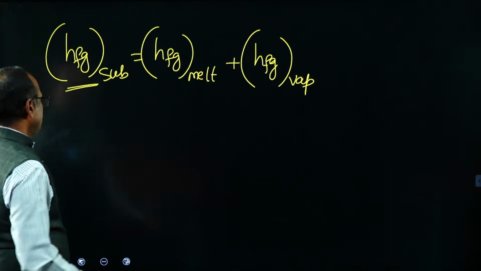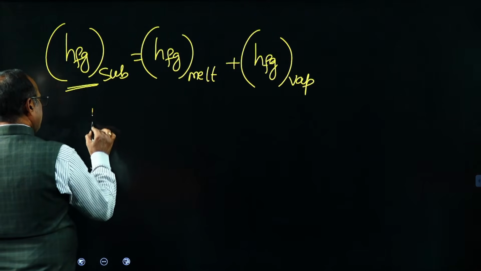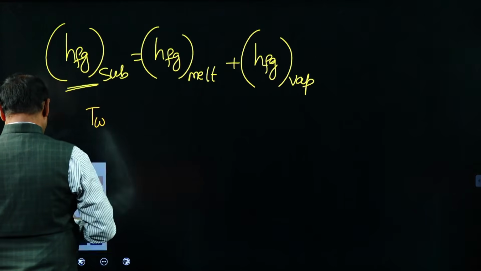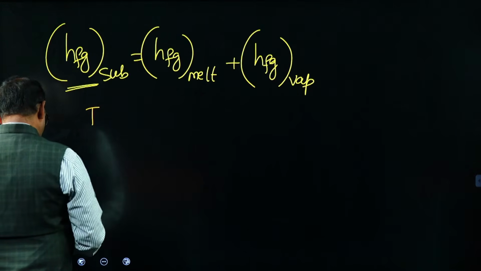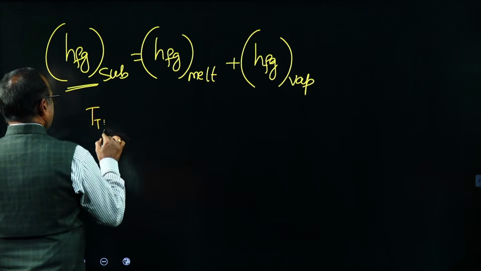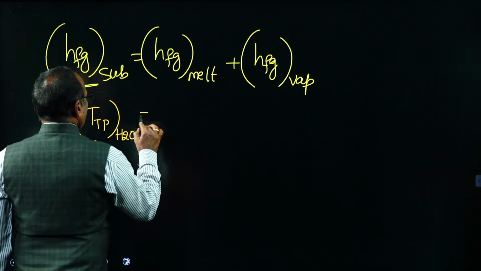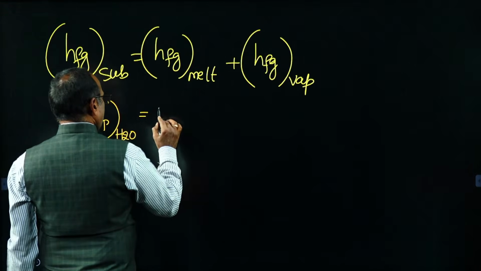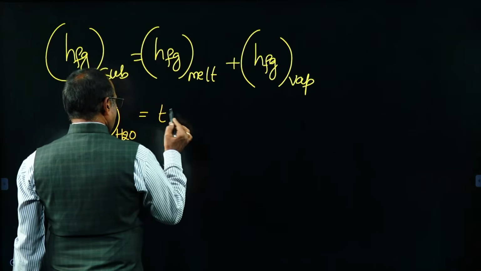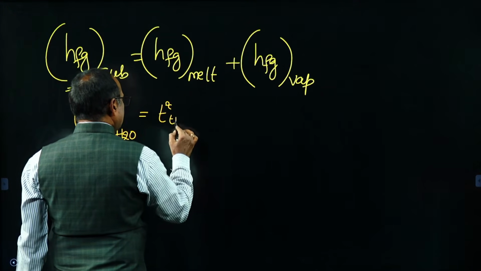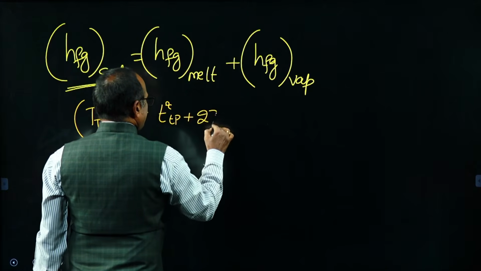You know, the triple point temperature of water, that is H2O, is equal to the thermometer temperature in degree centigrade at the triple point state plus 273.15.